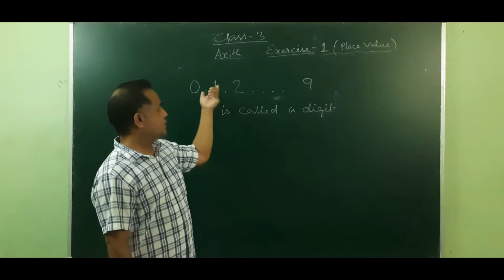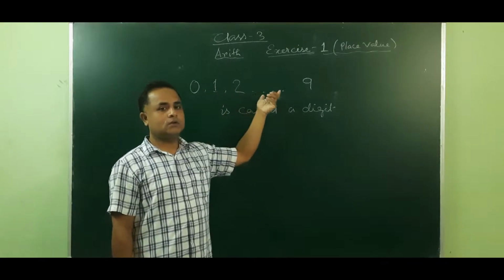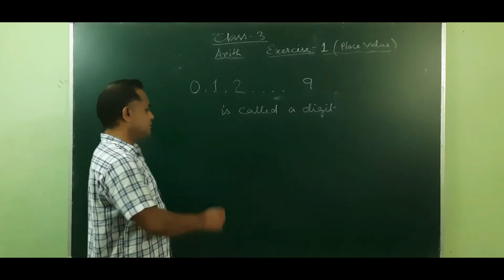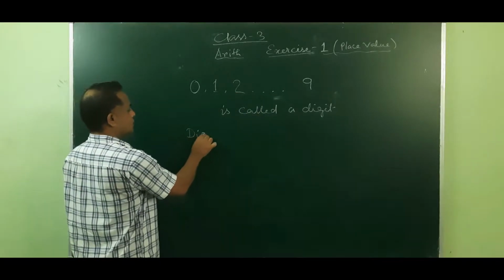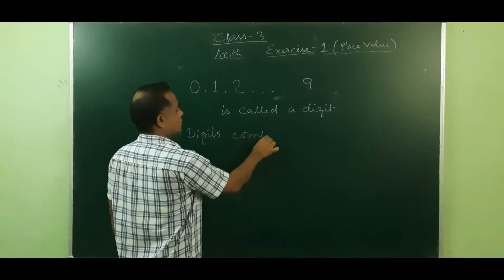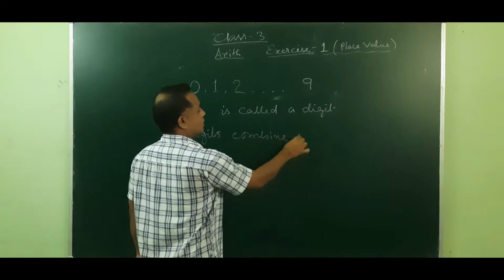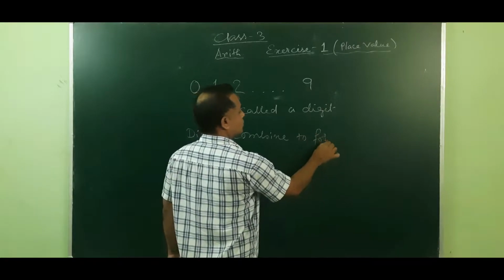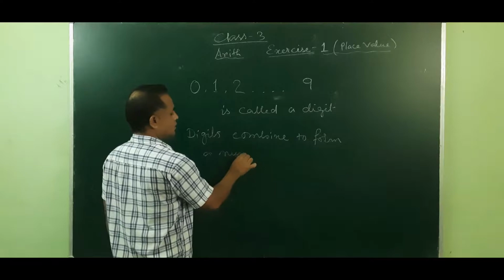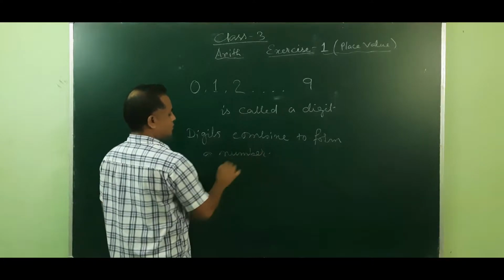Now when these digits combine, we get a number. Digits combine to form a number.